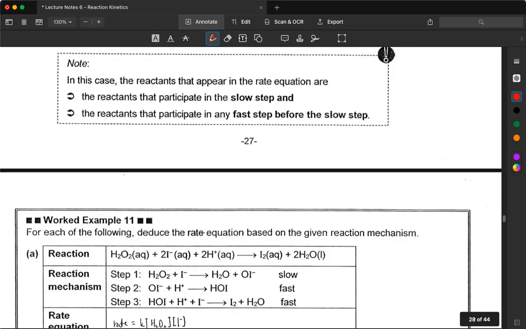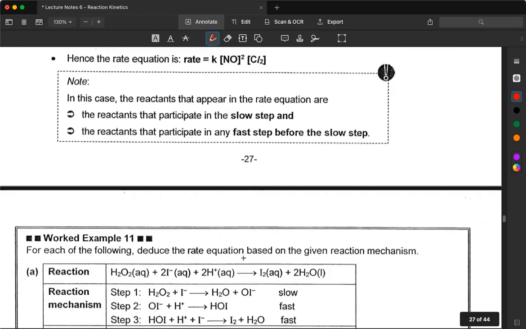Now look at some examples to further understand. You have this reaction here. Deduce the rate equation given the reaction mechanism. A very familiar reaction. Step 1 is slow, step 2 is fast, so you have H2O2, I minus, and this OI minus is the intermediate, plus more H plus, HOI also an intermediate.